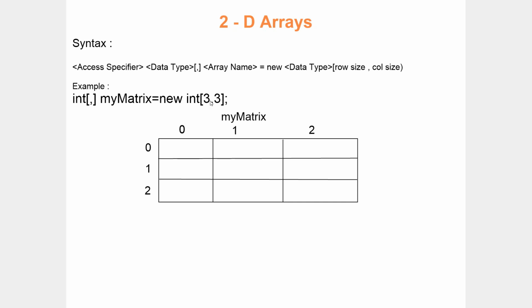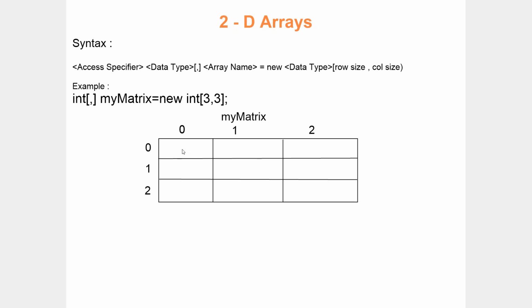If there are 3 rows, the first row will be available at 0th position, the second row at first position, and the third one at n-1th position, which means 2. In the same way, columns will also be arranged in the same order. The first column will be at 0th position, the second column at first position, and the third column at second position. So always row starts from 0 and column will also start from 0.